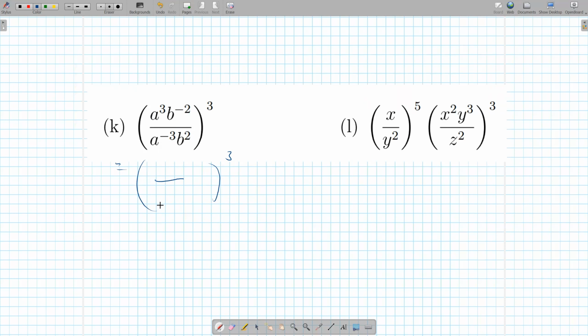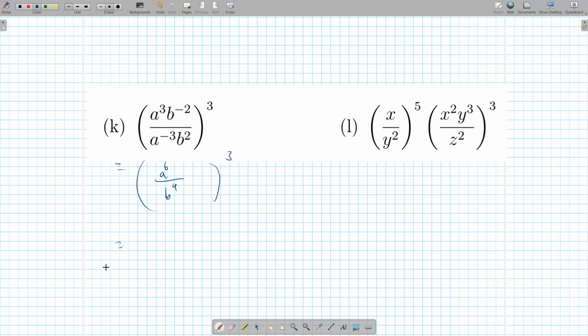Do you bring the -3 up? Yeah, so how many A's do you get on the top? 6. Right, how about the B? How many B's? 4. On the bottom, is that what you meant?